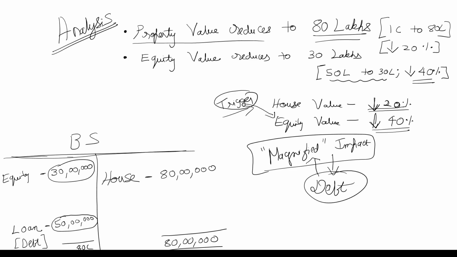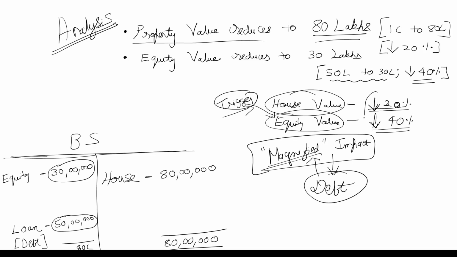So what we understand from putting both these discussions together, the first one where property value increased, and the second one where house value is reducing, is that you will have a trigger if the house value changes, and there is an impact on equity value, and that impact is a magnified impact in the same direction. If house value increases, equity value increases by much more than that percentage, and if the house value reduces, equity value also reduces by much more of that percentage, right?